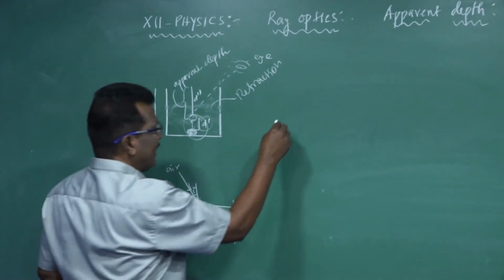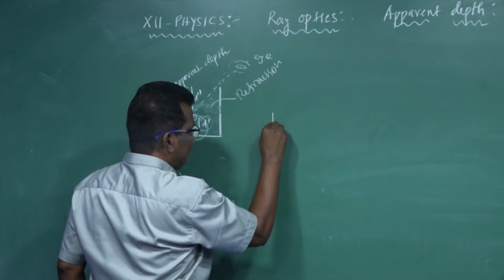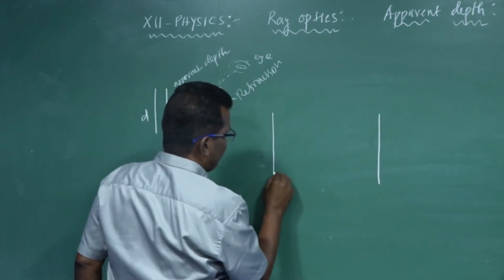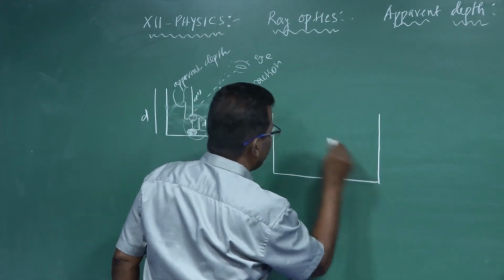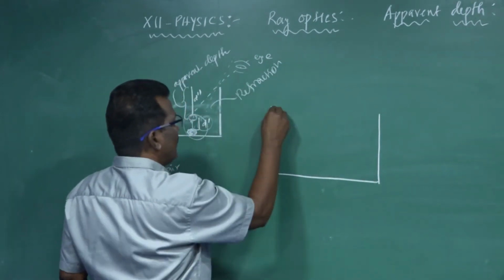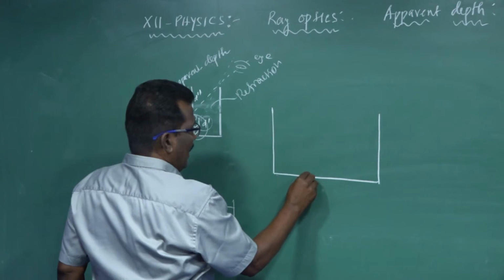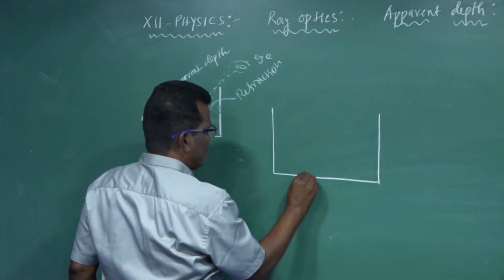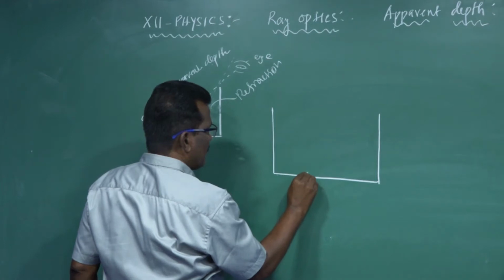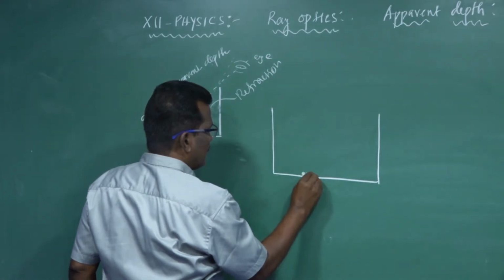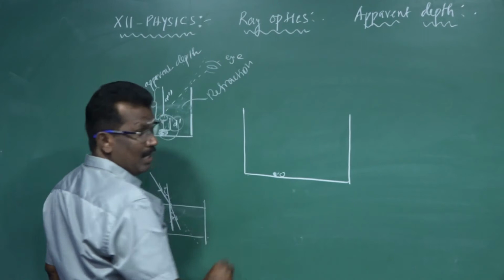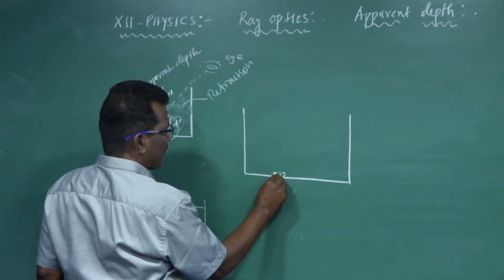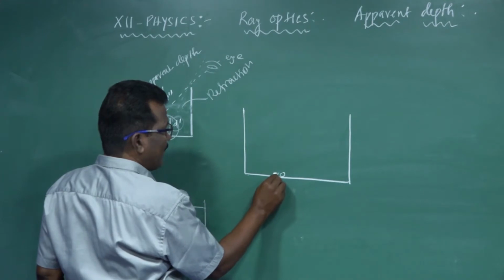Let's consider a beaker. The object is placed here. Suppose this is the object O. You could see light coming from the object.